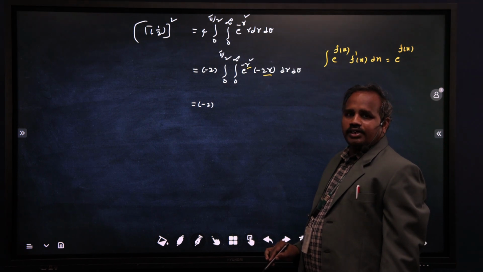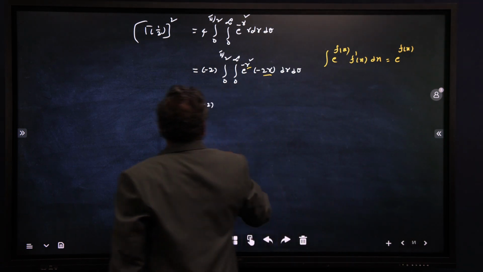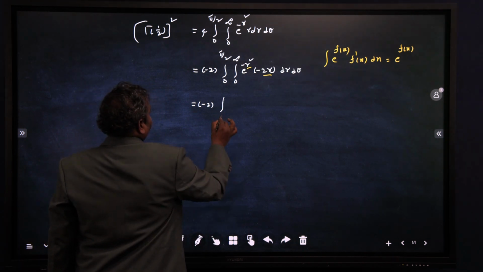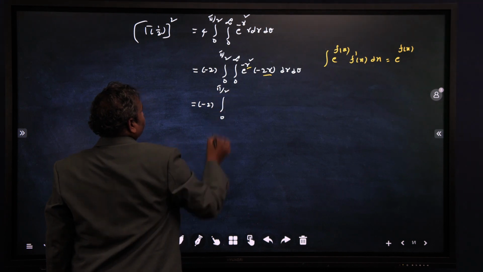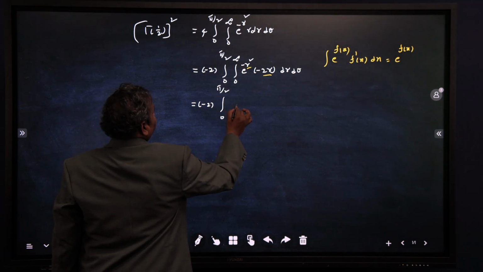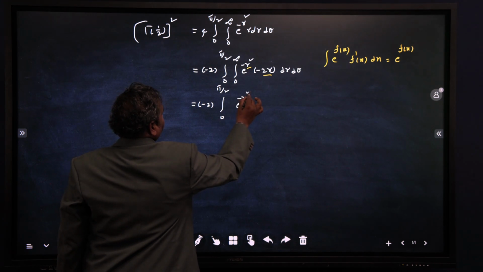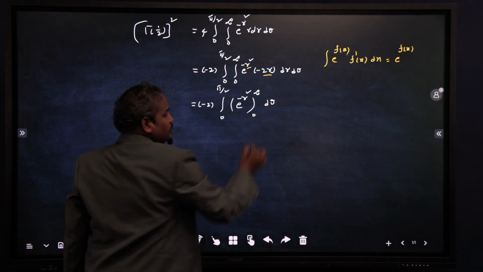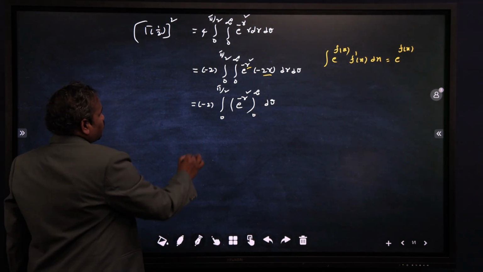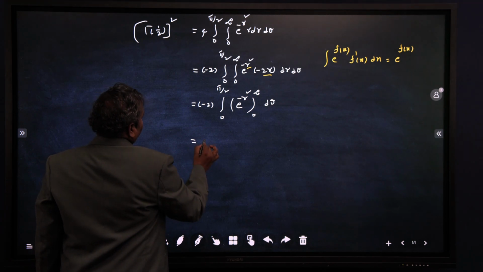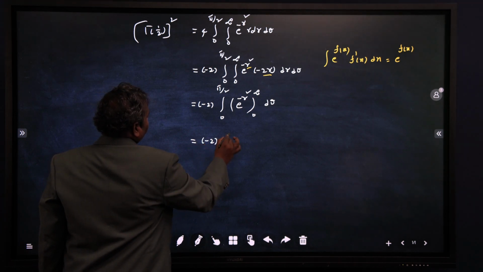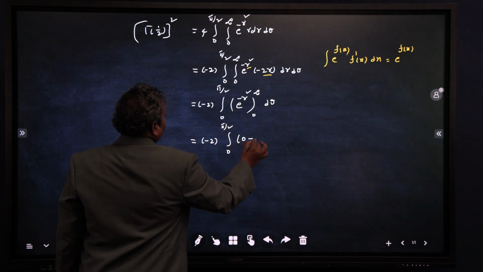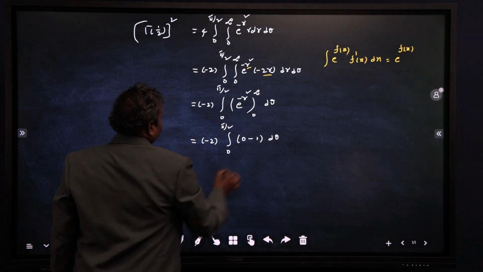Using this formula, this changes as integral 0 to pi by 2, e power minus r square with limits 0 to infinity, d theta. This is equal to minus 2 into, substituting the upper and lower limits, 0 minus 1, d theta.